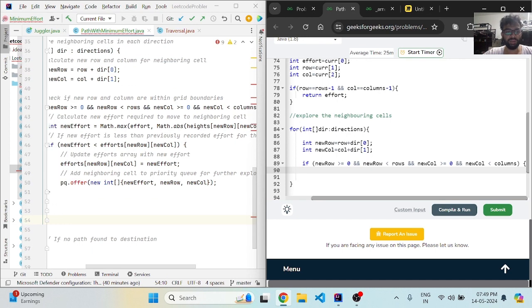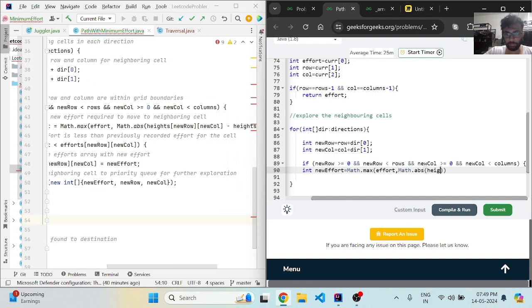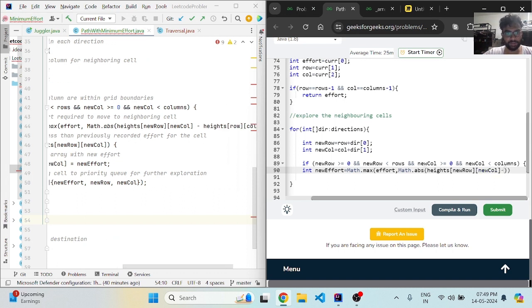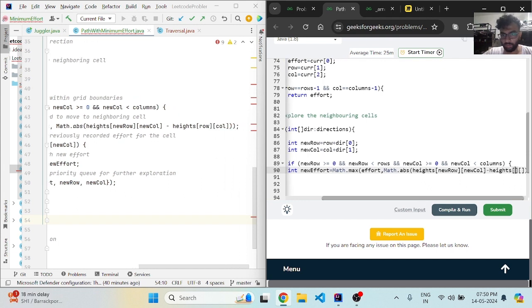For the new effort, you can just write int new effort equals Math.max. As I have already told, I have to take the maximum value and the maximum absolute difference. So over here Math.max, I'm passing effort, comma, Math.abs, and over here I'm going to pass heights of new row and new column, minus heights of row and column, which is the original one.